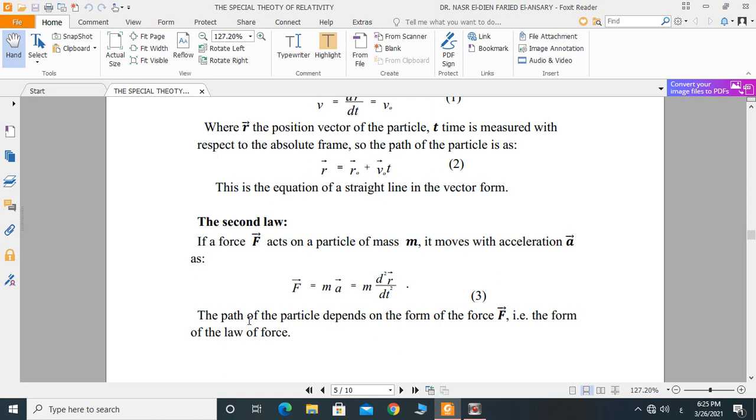The path of the particle depends on the form of the force F, the form of the law of the force F. And if we substitute for F and integrate this equation, we get r, the path of the particle.